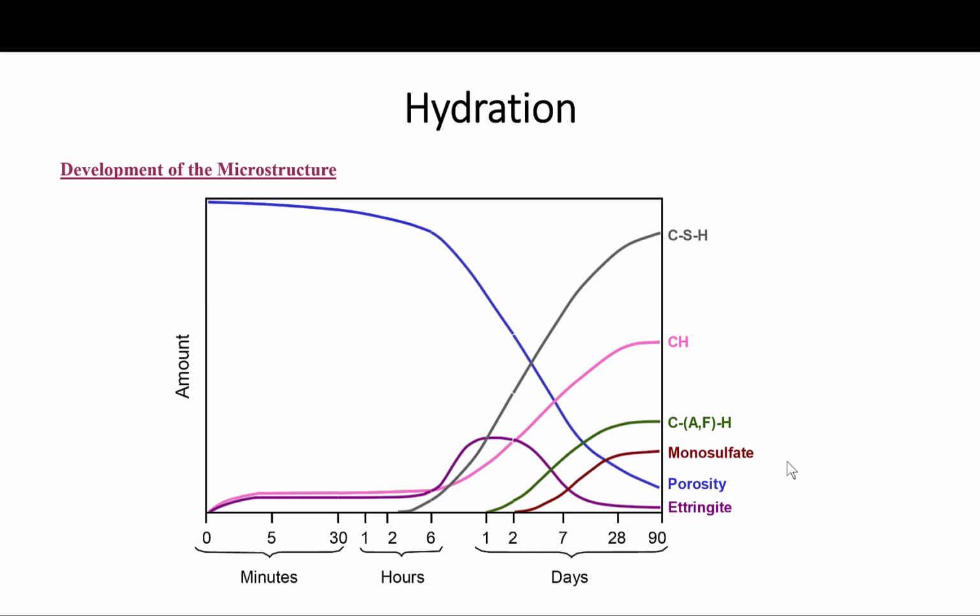So, the types, amounts, and characteristics of the 4 principal solid phases in the hydrated cement paste, the 4 solid phases that can be resolved by an electron microscope, which we discussed earlier, those products.